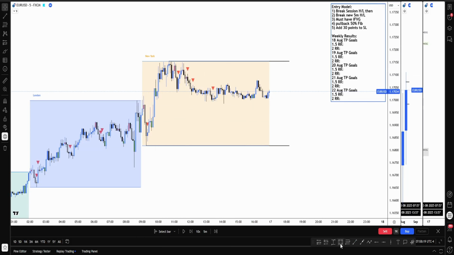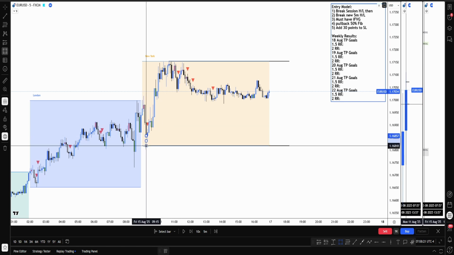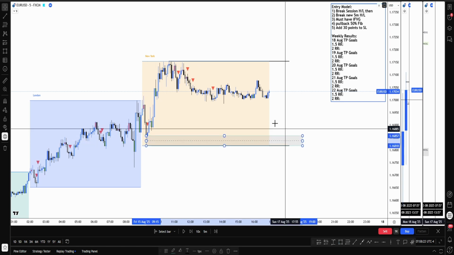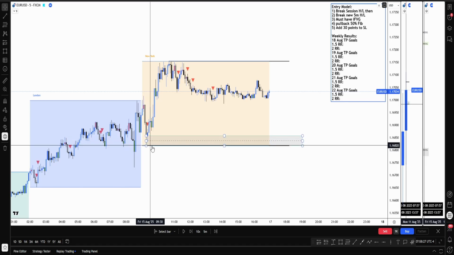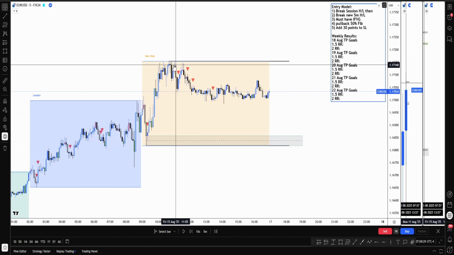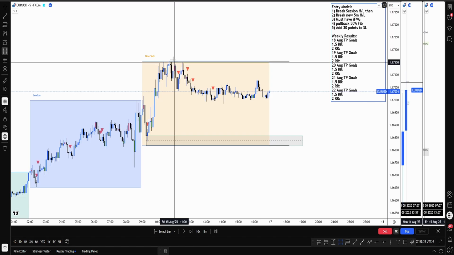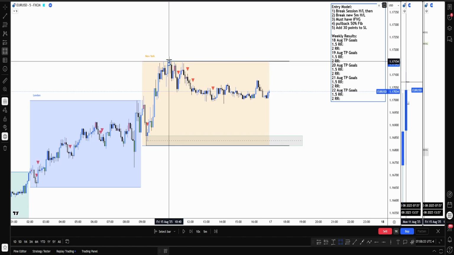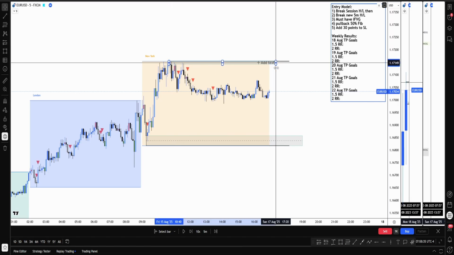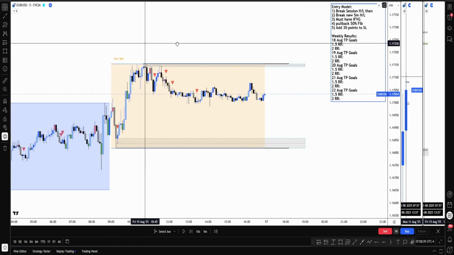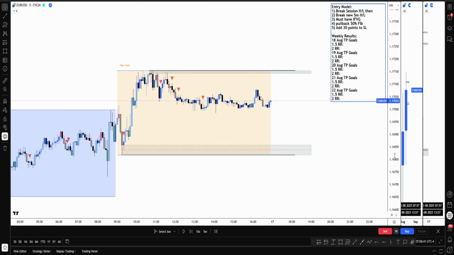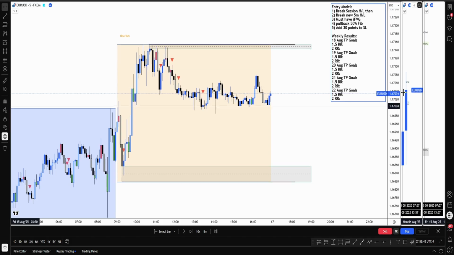Very good example. What do I mean by testing? Testing means the price tests the wick at the bottom or the wick at the top of the 5 minutes candlesticks. Let's do this. Let's zoom in a little bit.